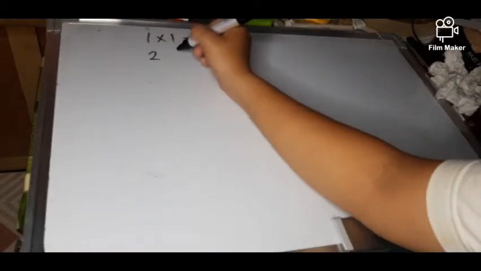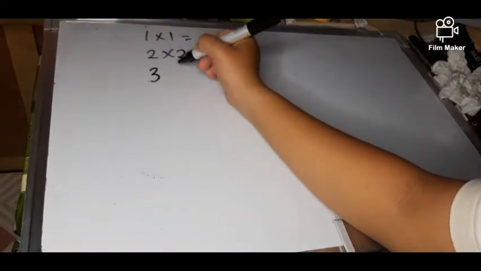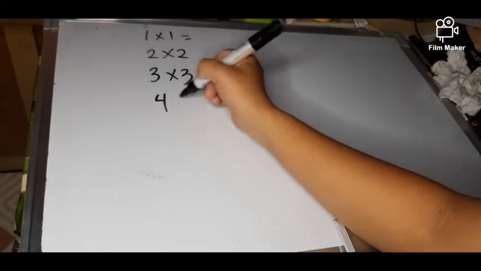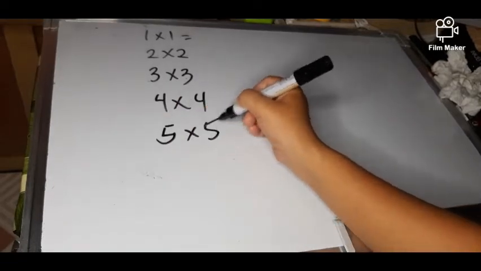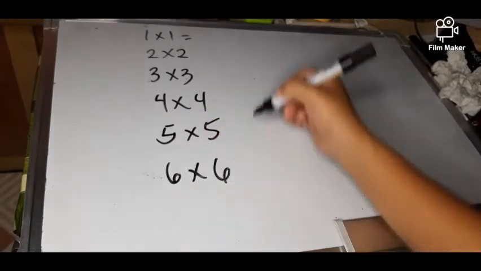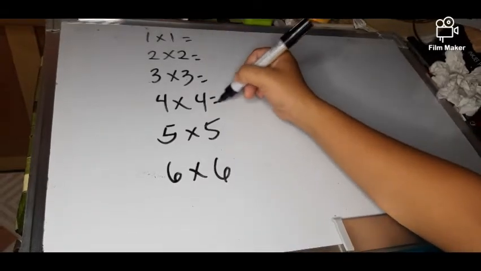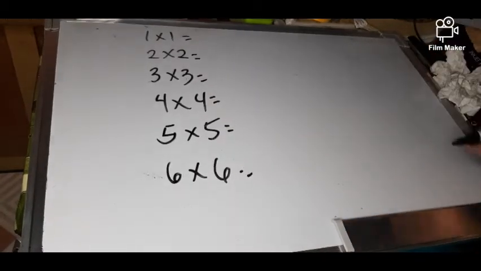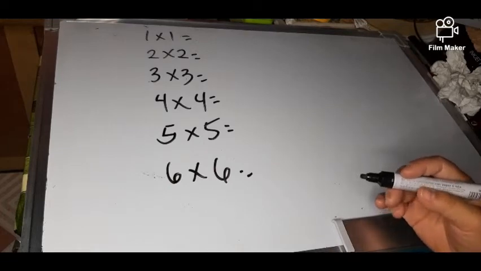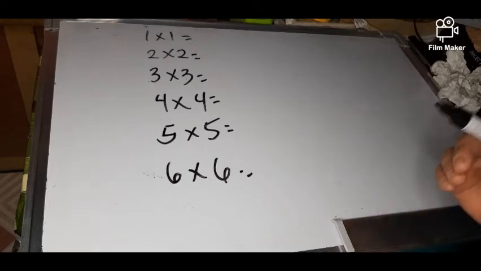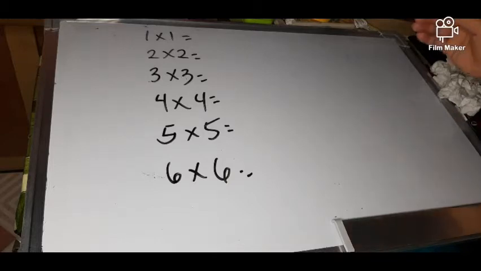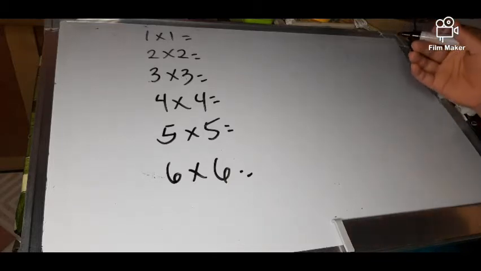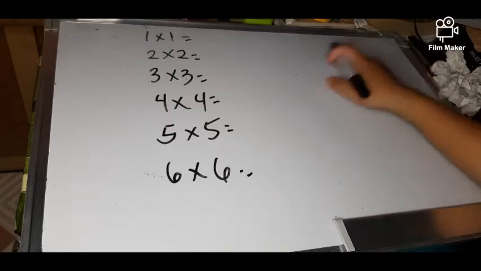2 times 2, 3 times 3, 4 times 4, 5 times 5, 6 times 6. Doon sa multiplication table, nilimit ko kayo hanggang 10 lang, di ba? Dito, as long na mas marami tayong kabisadong pair, mas mainam, para hindi tayo gumamit ng calculator in the future.